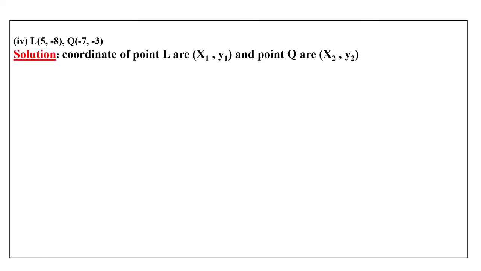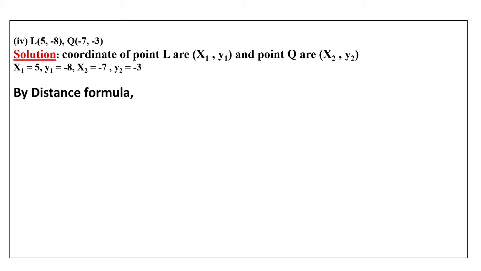In the same way we will solve the fourth one. The points given are L (5, minus 8) and Q (minus 7, minus 3). So our x1 is 5 and y1 is minus 8, x2 is minus 7 and y2 is minus 3.